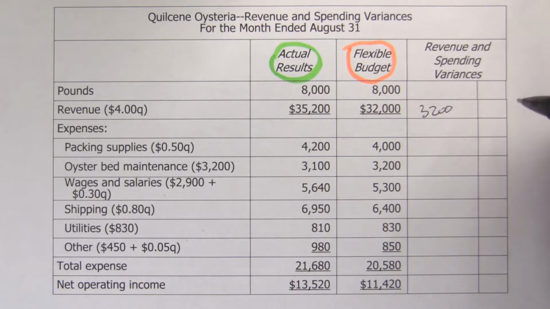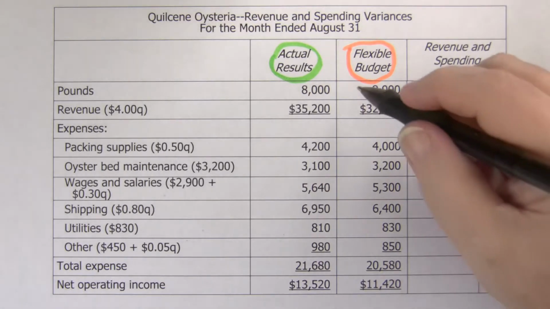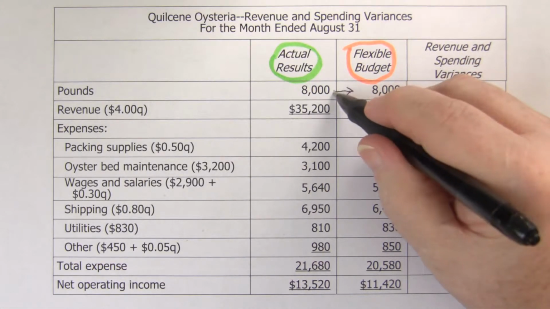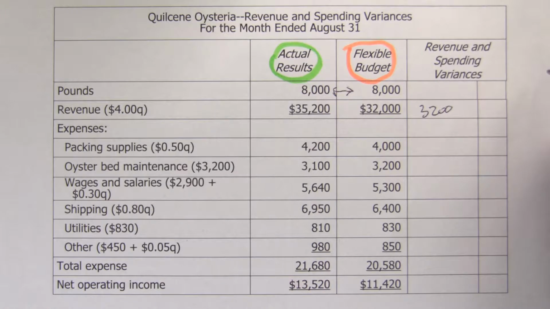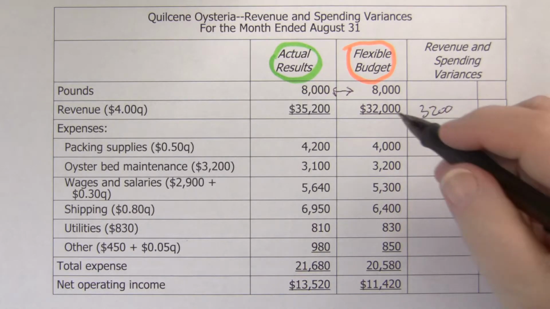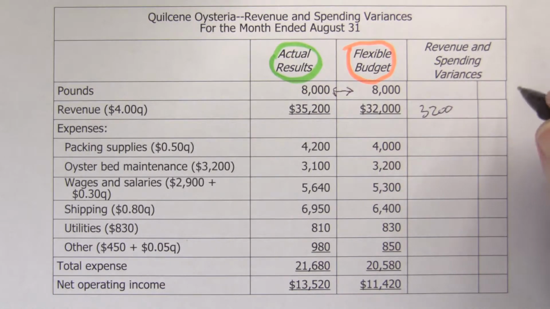That increase is not due to any difference in activity, because the activity was where we expected to be. That's a revenue or spending variance. We either made more or less than we had planned. Again, go back to telling your boss, is he going to be happy with that? I think he or she will. That's favorable. Now I'm going to take a look at my packing supplies.